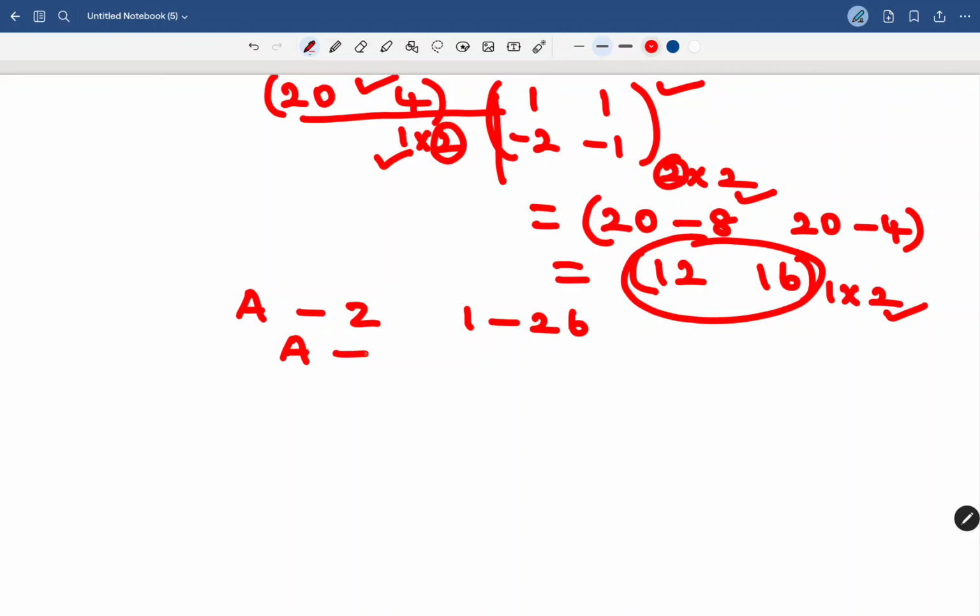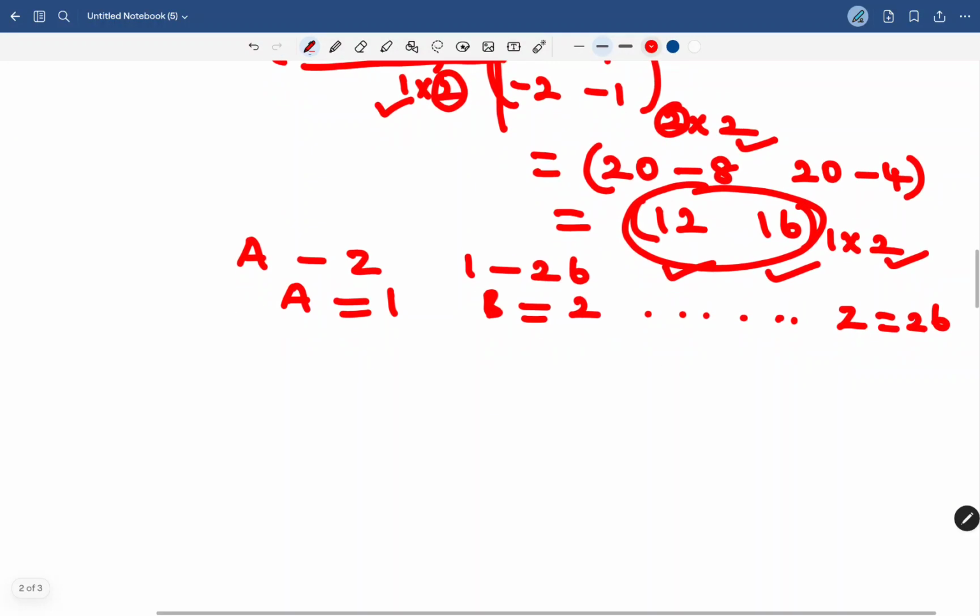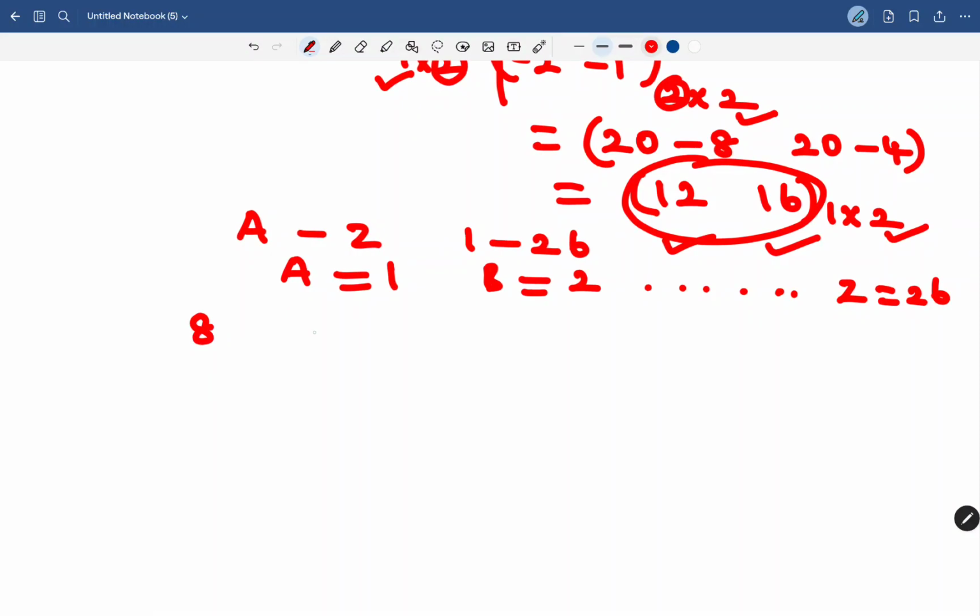That is, for A the value is 1, for B the value is 2, similarly the last one, Z, equals 26. Here I am getting 8, 5, 12, 16.